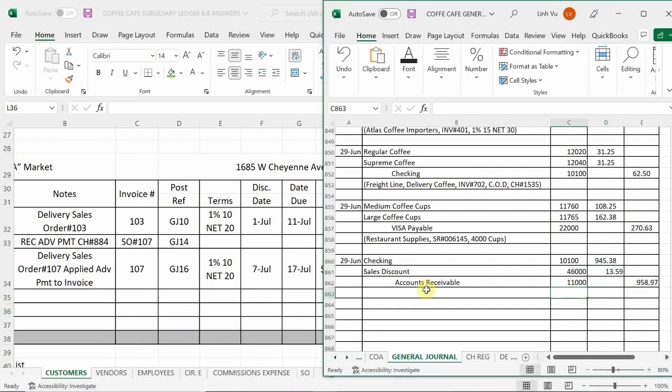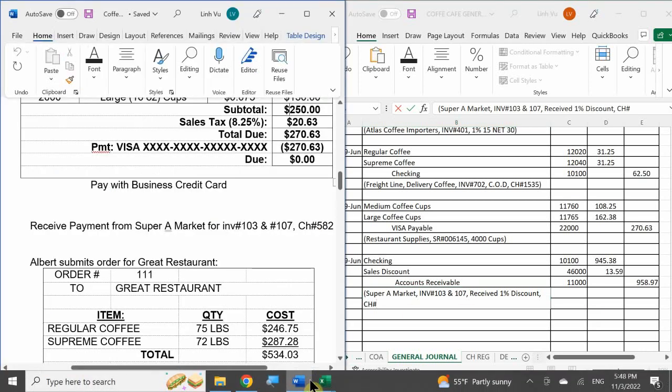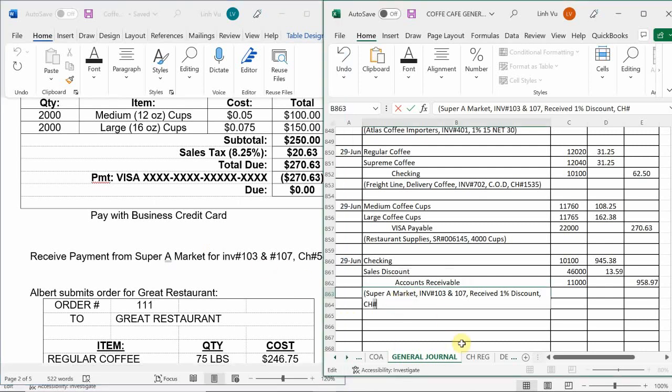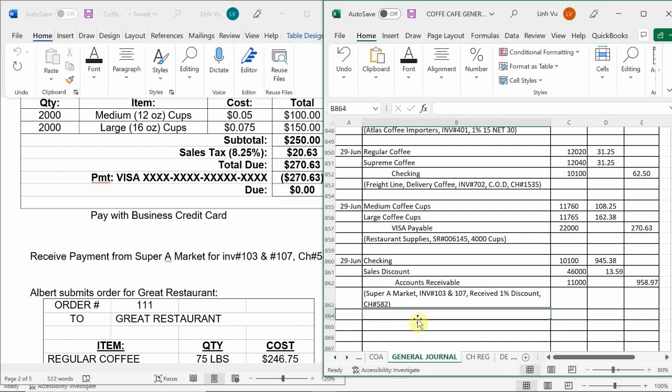Okay, so once again, we have a payment from Super A Market, invoice number 103 and 107, received 1% discount, and they gave us check number 582.